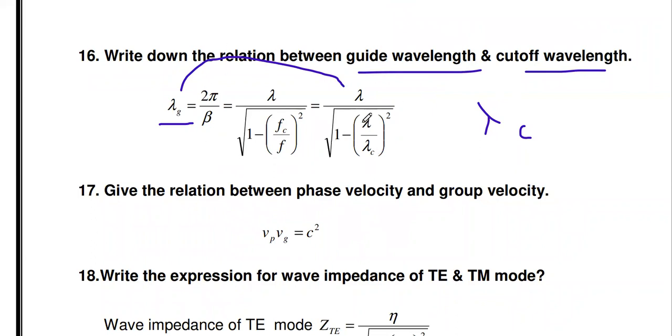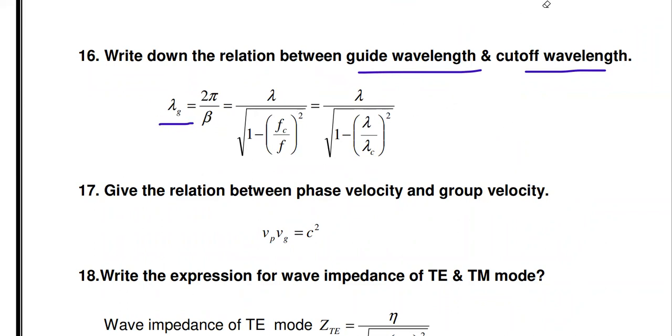You already know the guide wavelength formula in terms of cutoff frequency, that is lambda by square root of 1 minus (fc by f) the whole square. If you convert this fc by f into lambda by lambda c, we can get the answer. This is the relation between guide wavelength and cutoff wavelength.